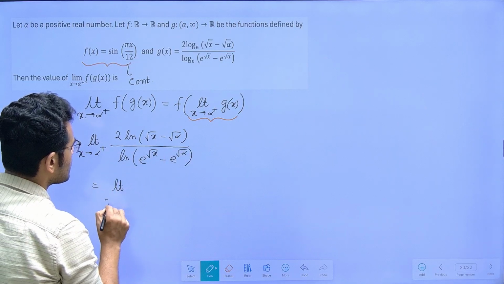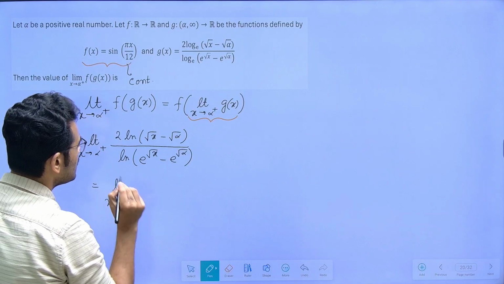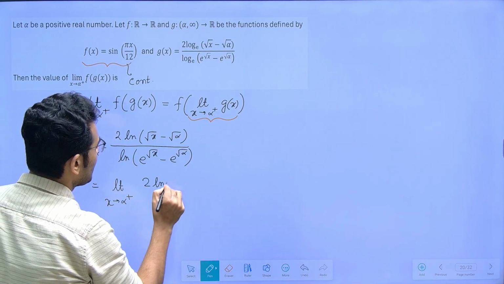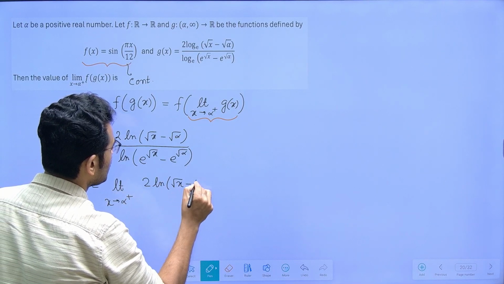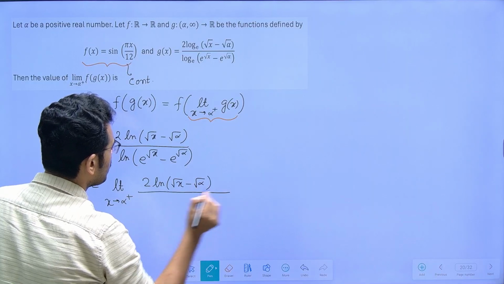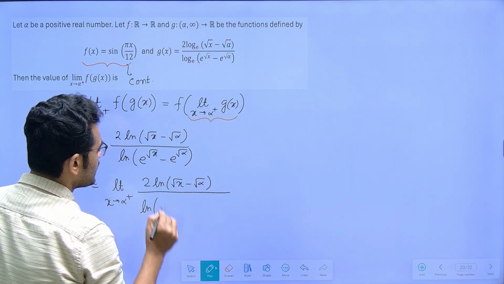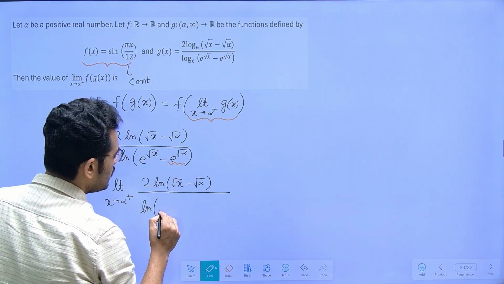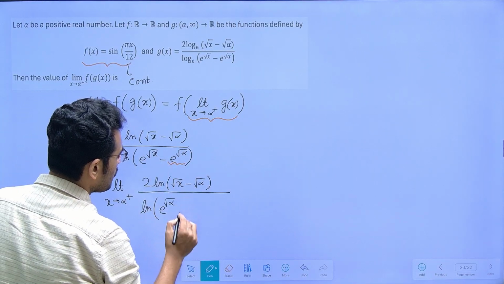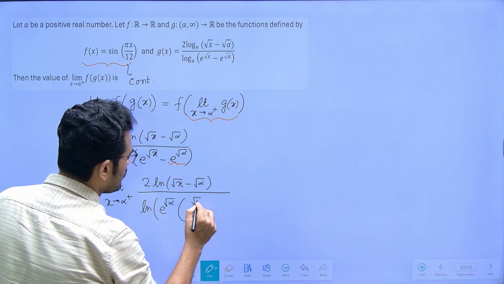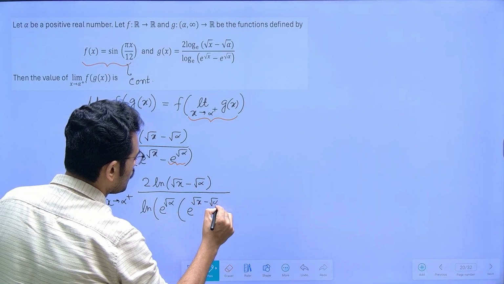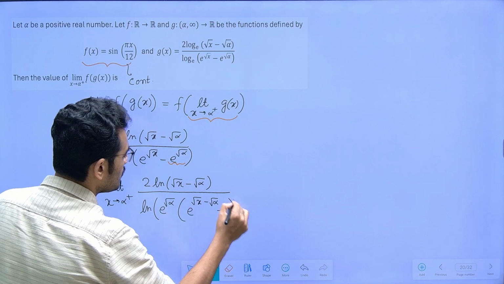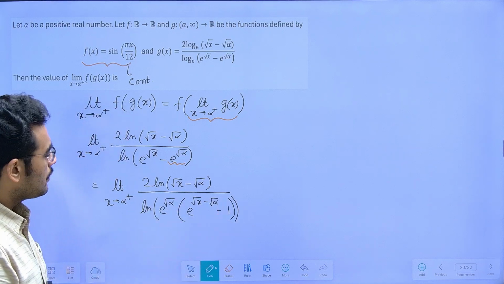For the denominator, let us take e^√alpha common from the two terms, so it will be e^√alpha times (e^(√x − √alpha) − 1). This is what we are going to have.